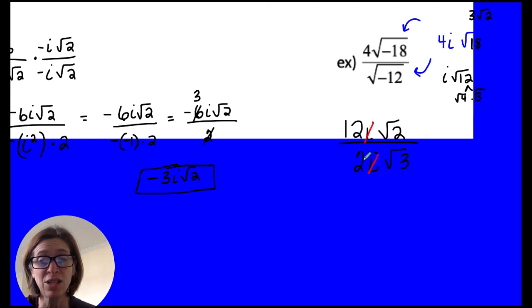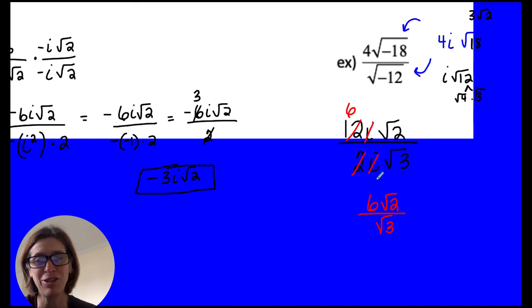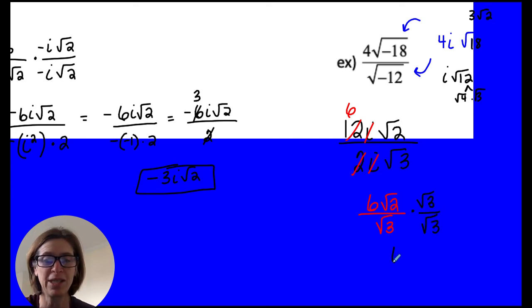But now I have 6 root 2 over root 3. And remember, we want to multiply by the square root of 3 over the square root of 3 so that we can rationalize the denominator. So I'm going to multiply by root 3 over root 3, giving me 6 root 6 over 3, and therefore 3 goes into 6 2 times, so 2 root 6.